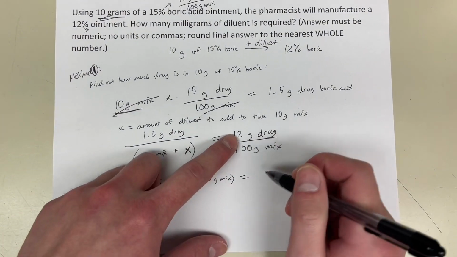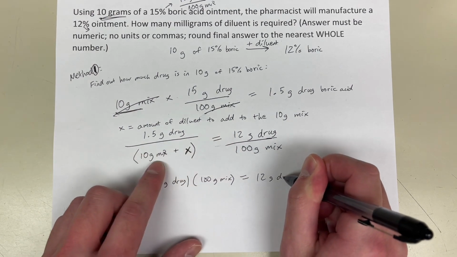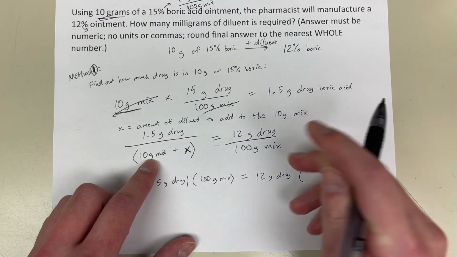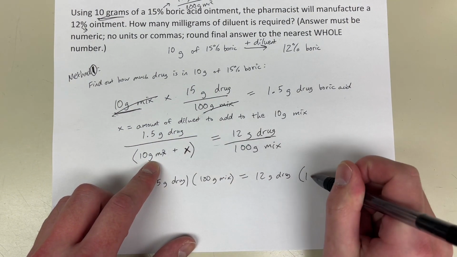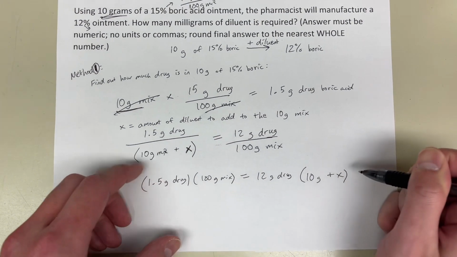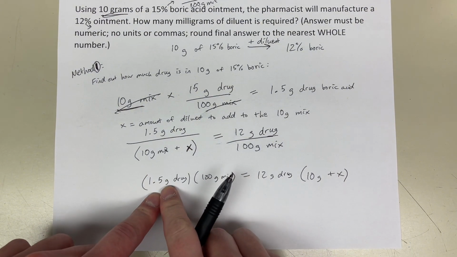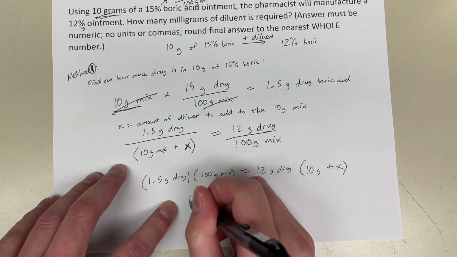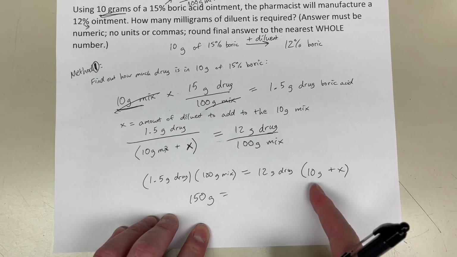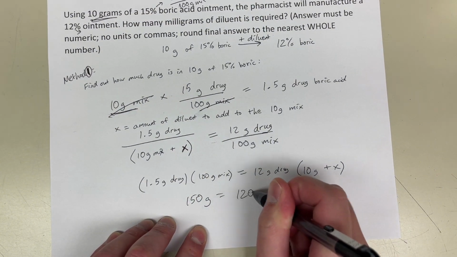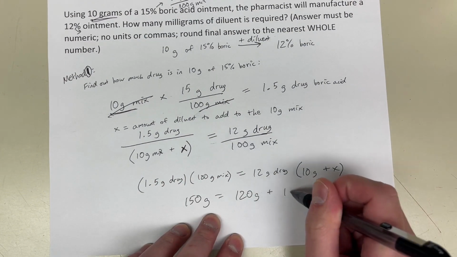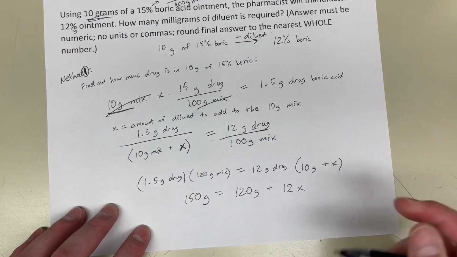So 12 grams of drug times 10 grams of the mixture plus x, right? And so 1.5 times 100 is 150, and 12 times 10 is 120 plus 12 times x.